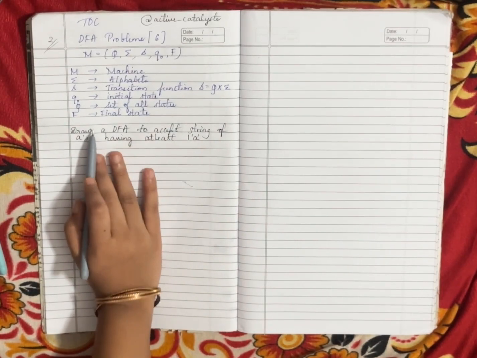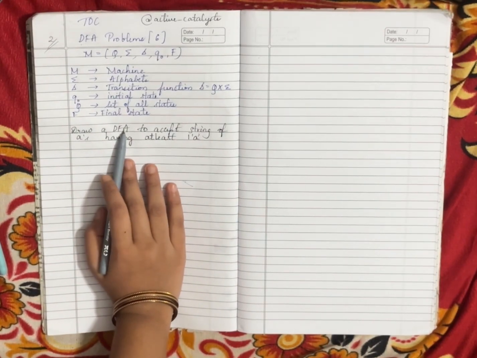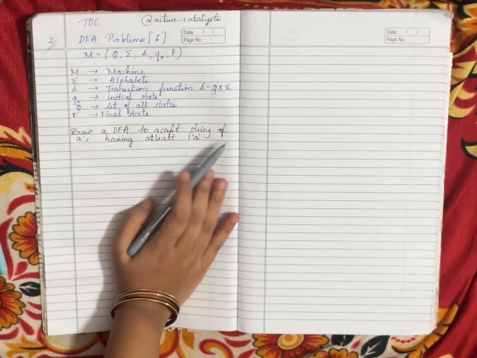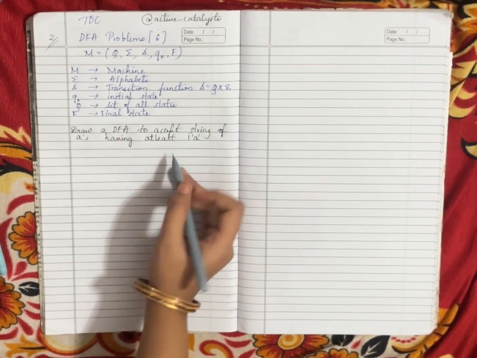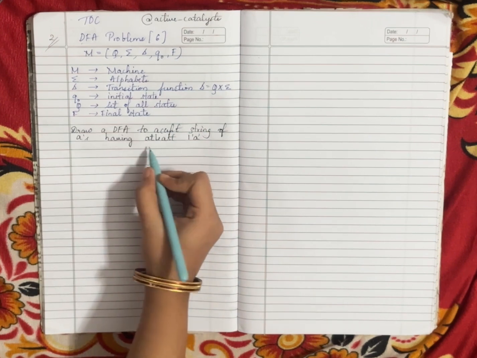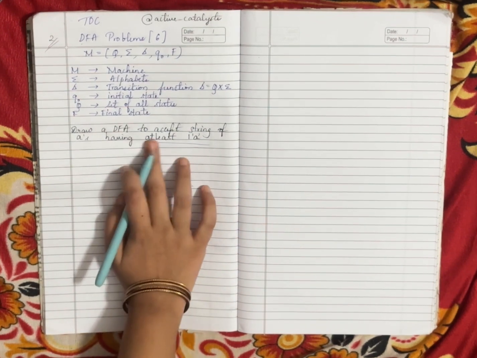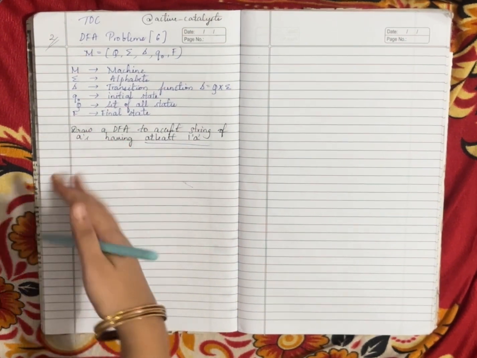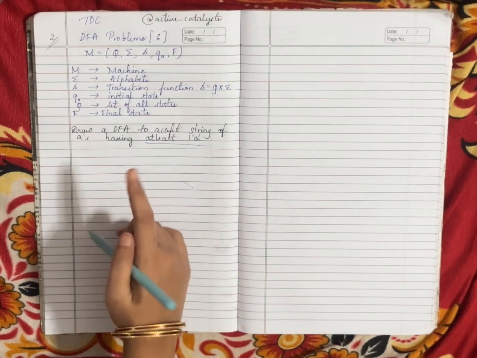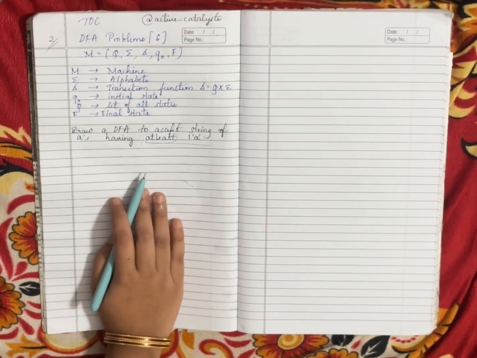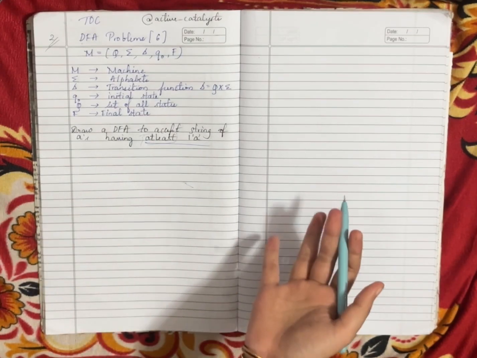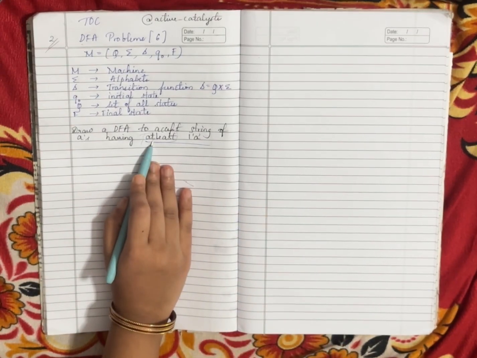In the question here they have asked: draw a DFA to accept strings of a having at least one a. Remember, in the question they have told us to take at least one a. At least means one, it can have more as well, right? In DMS we used to use the word at least. At least means one or more than that. I hope you have understood this.